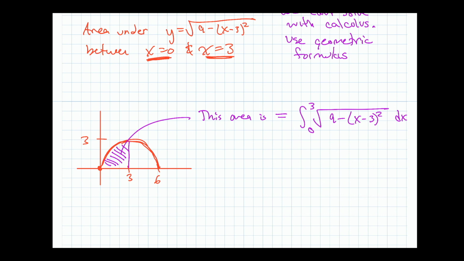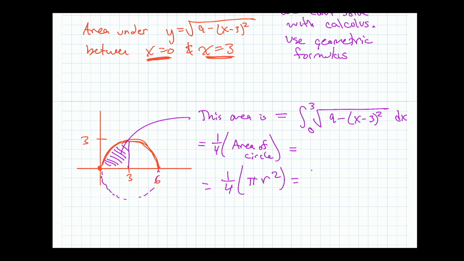But how are you going to calculate that area? You should just be able to recognize that that's a quarter of the circle, right? If you drew the rest of the circle in, that's literally just a quarter of a circle. So it's just equal to 1/4 the area of the circle. What's the area of a circle? Pi r squared.